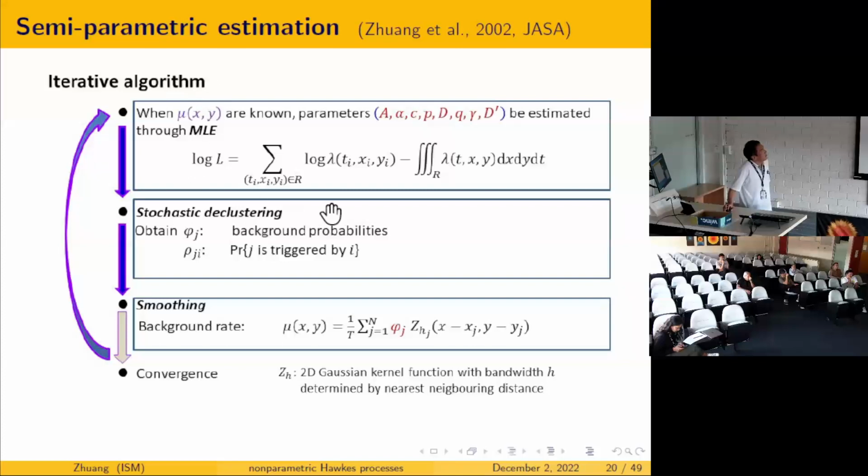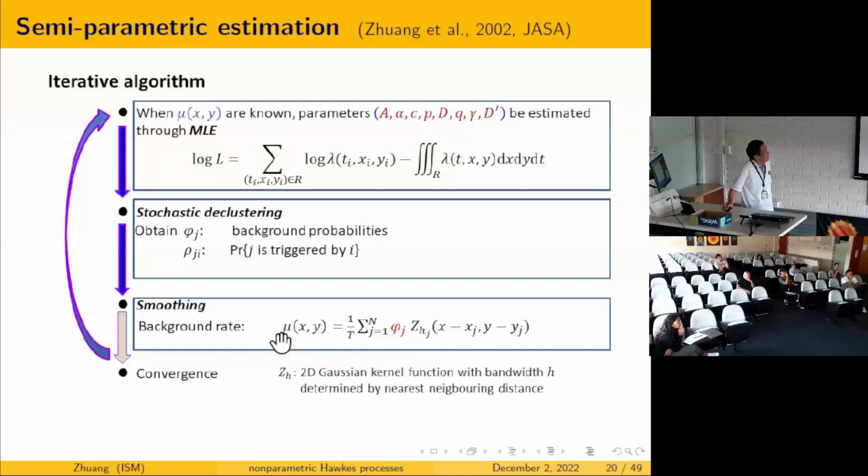So then we can design an iterative algorithm. We use the likelihood to maximize the likelihood, and then estimate those parameters in the parametric functions. And then we carry out stochastic clustering to obtain the background probabilities, and then use the background probability with some smoothing, using kernel smoothing here.